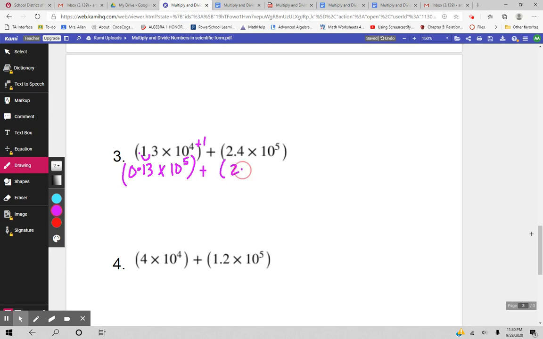Plus, okay, and now that we have matching powers, we're going to be able to add them. You're going to add your decimals. Okay, 2.4. Line up your decimals. 0.13. Add these. Let me use a different color.